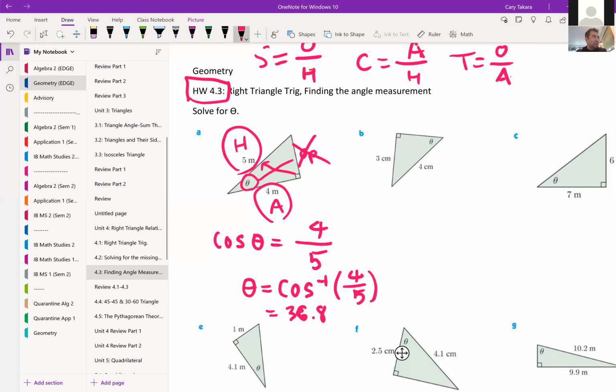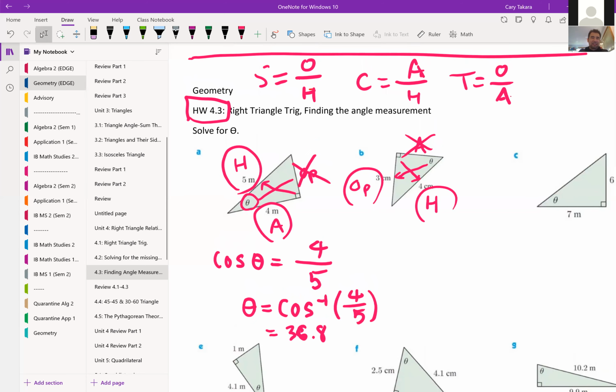So let's label. Opposite. Hypotenuse. Then adjacent, there's nothing on adjacent. So it's an opposite and a hypotenuse. Which one uses an O and an H? Yeah, that's sine, isn't it?